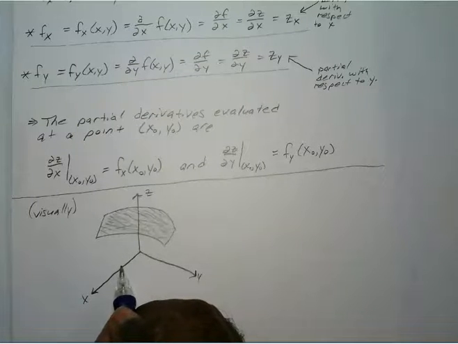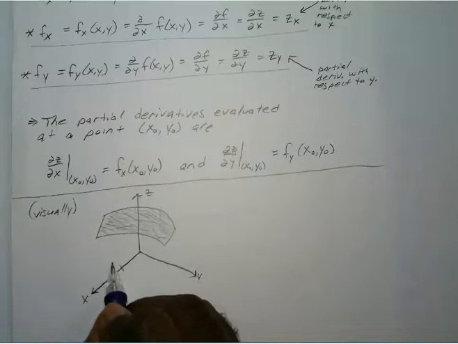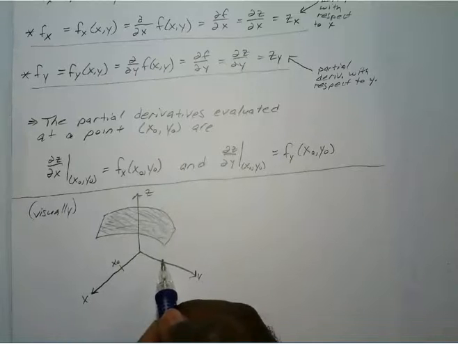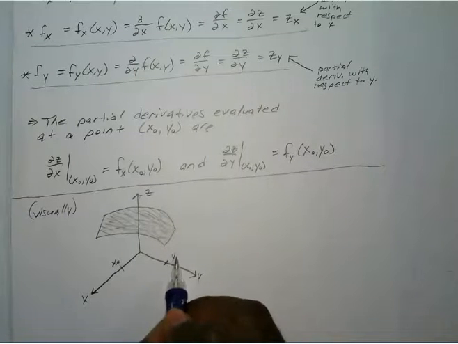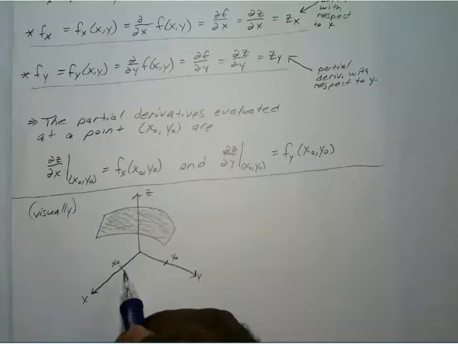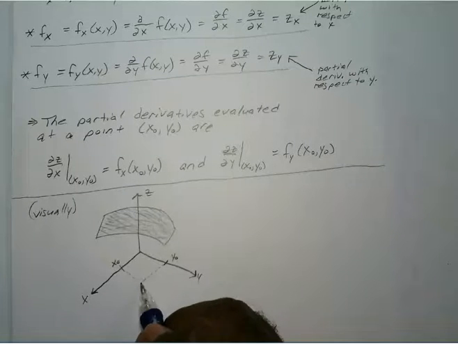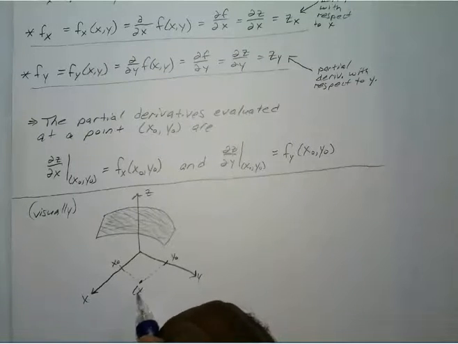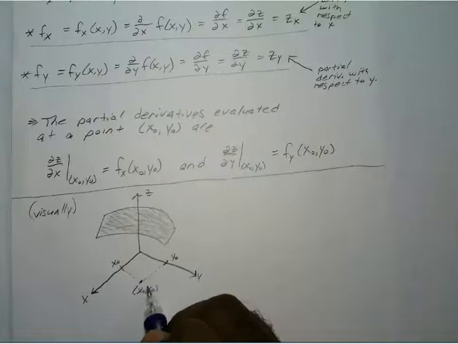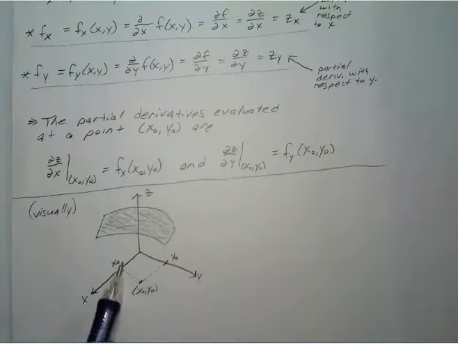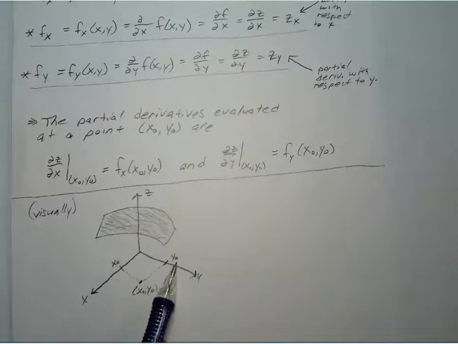Okay, and we have a value of x. We'll call that x0. A value of y, we'll call that y0. So when you meet those two up, of course that point is your x0, y0. Again, x0 could be 3, y0 could be 8. So this would just be the point (3, 8).